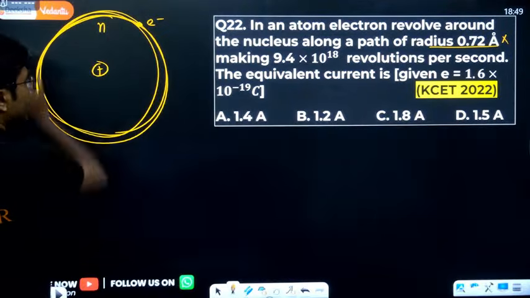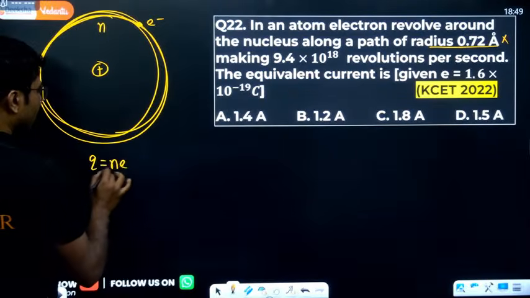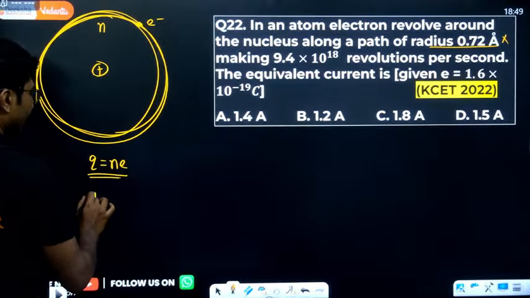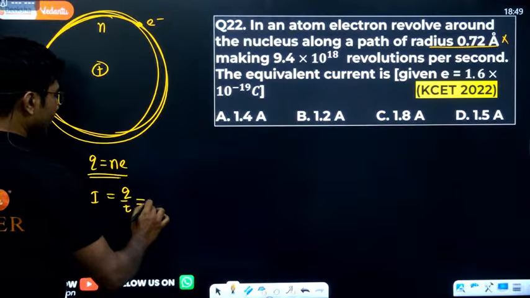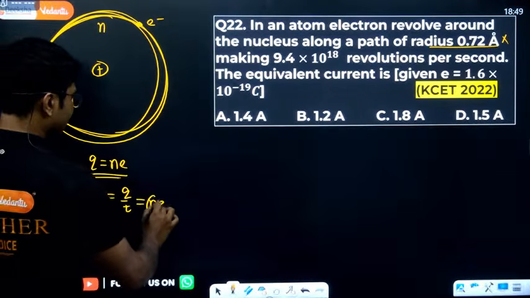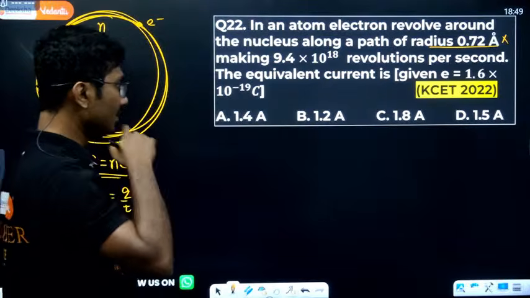So the total charge passing through the conductor in 1 second will be n into e. That's it. And current will be charge by time. Time is 1 second, so it will be n. So you basically have to find the number of rotations it is doing in every second.